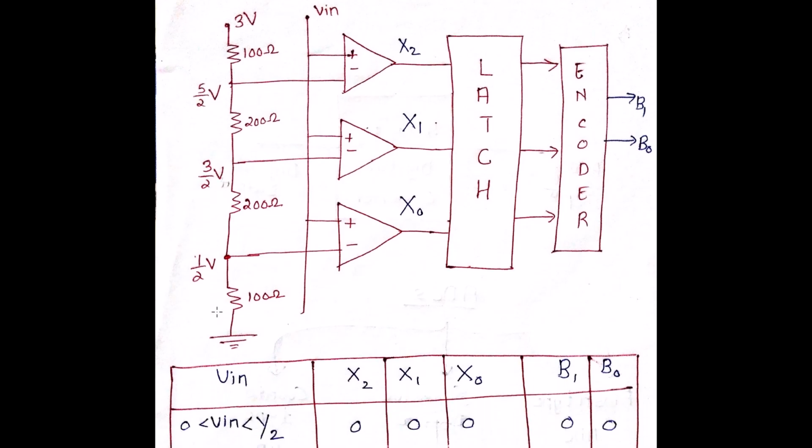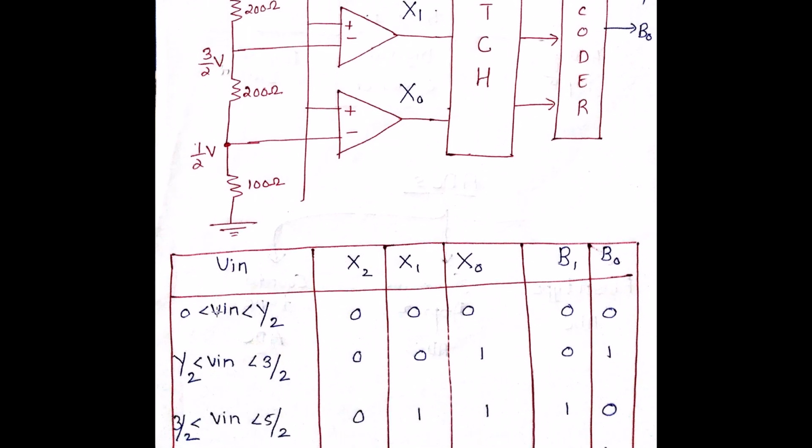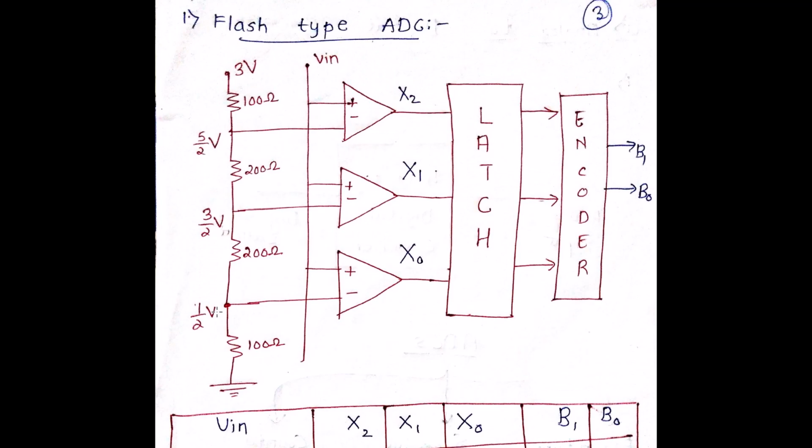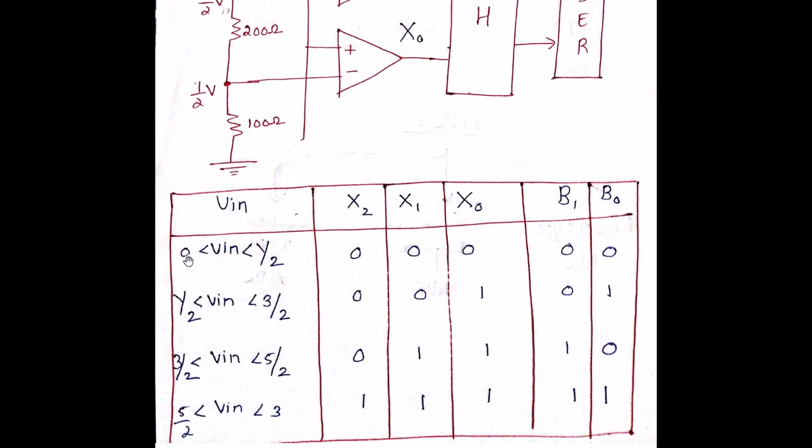So let's try to understand different kinds of conditions that exist. When my input, that is my Vin, is between 0 and half, it is greater than 0 and smaller than half, what happens is that my X2, X1, X0 become 0, 0, 0, and my B1, B0 become also 0 and 0.